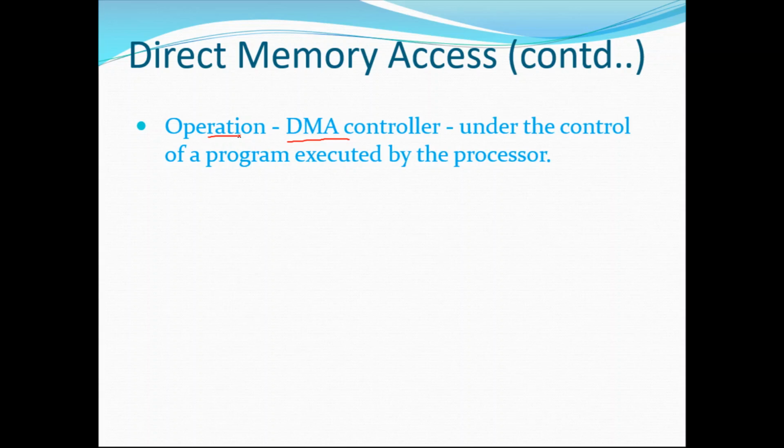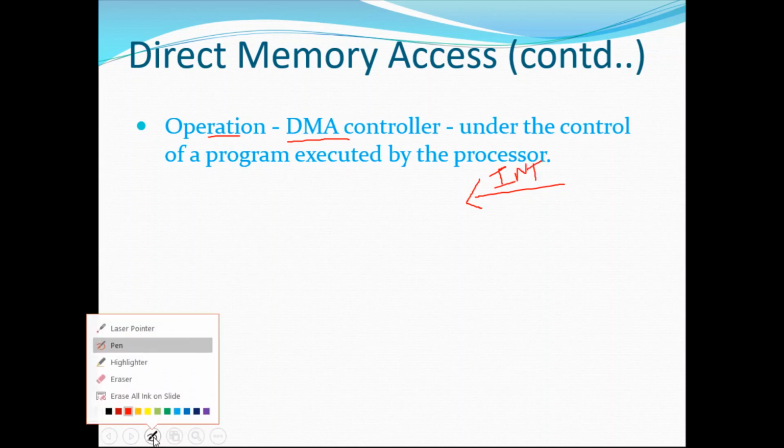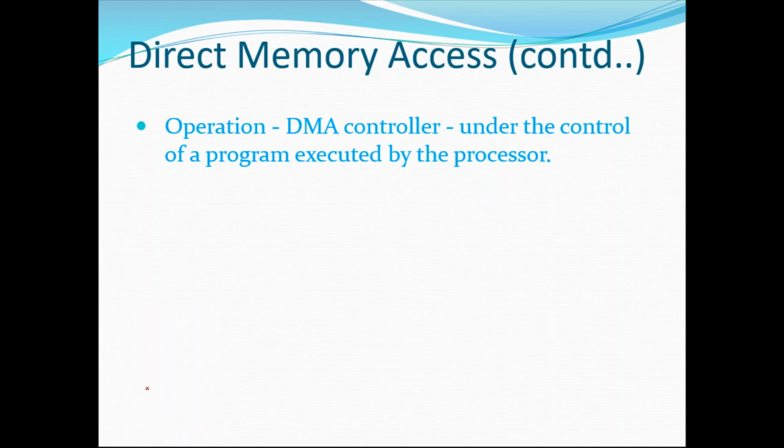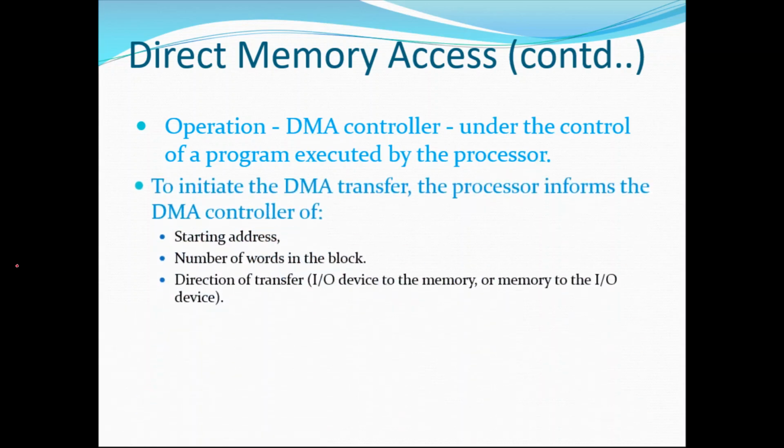After giving all these details, DMA will take care, and the processor will start doing its other work. Once the DMA is completed, the DMA controller will give an interrupt to the CPU, stating that the job you gave was done. So this is the whole working philosophy of DMA, right?